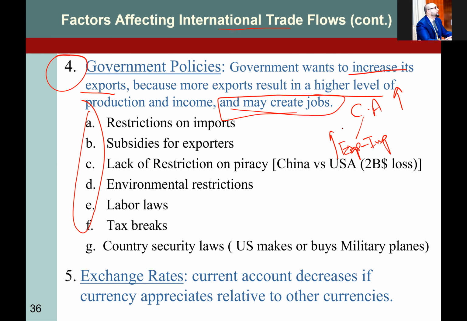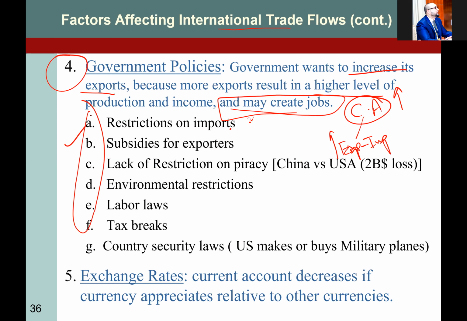If the government wants to increase the current account balance, or in other words increase exports, what does it need to do? First of all, make policies that increase exports. And how can we do that? Number 1, restriction on imports. Right?